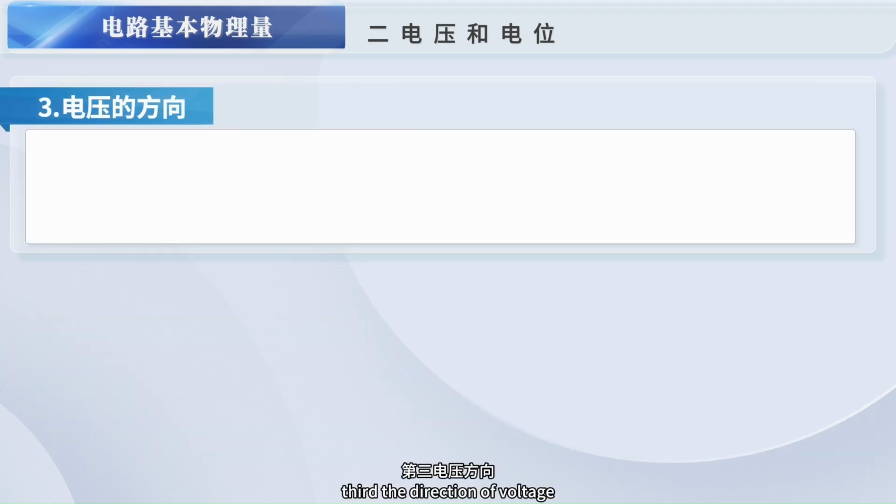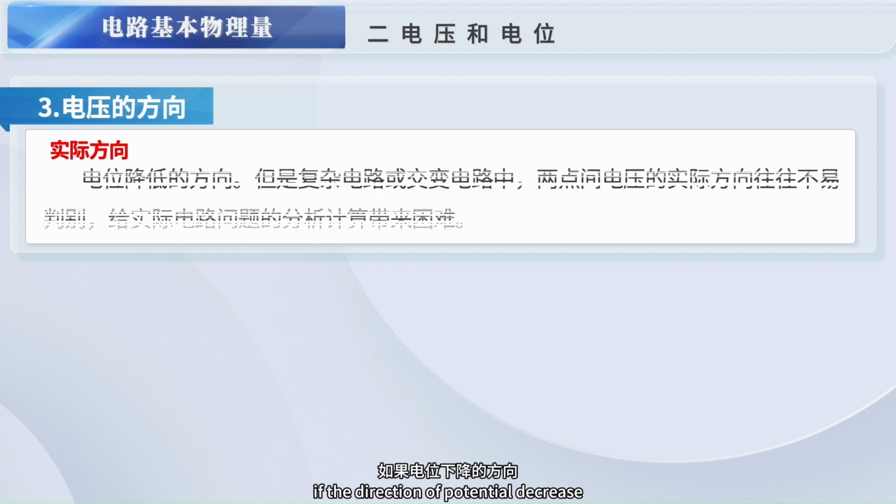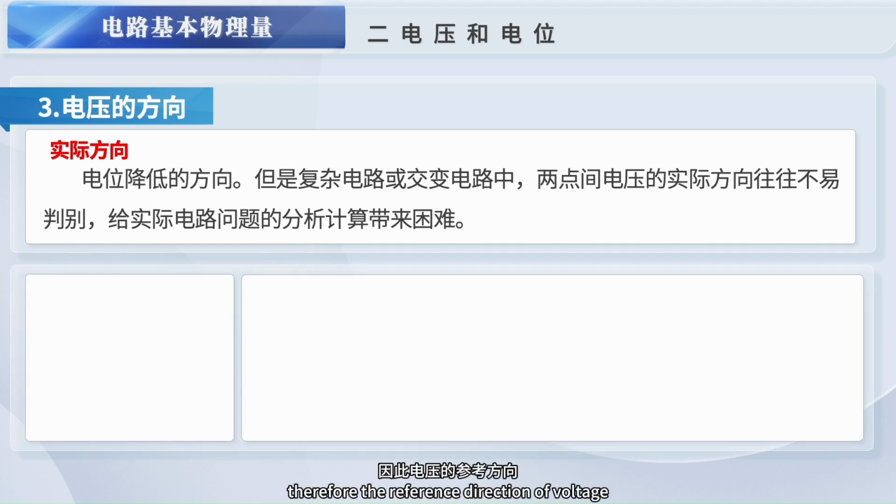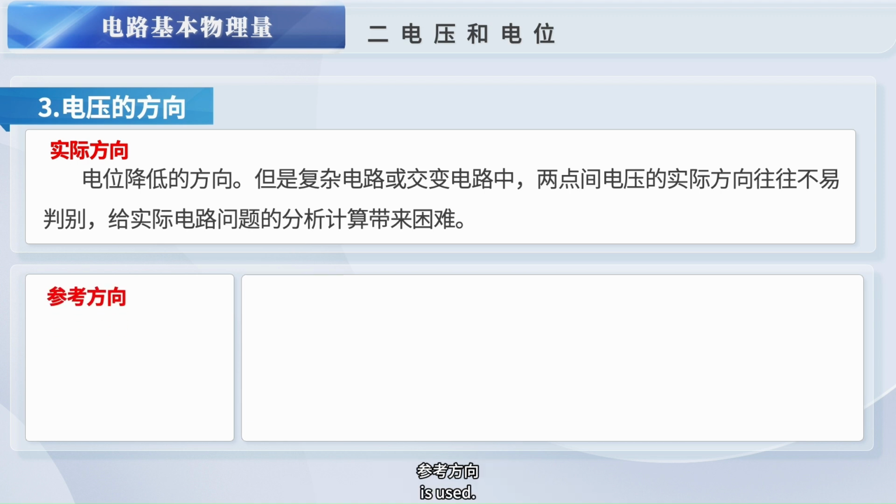Third, the direction of voltage. The actual direction of voltage is the direction in which potential decreases. However, in complex or alternating circuits, the actual direction of voltage between 2 points is often difficult to determine. It brings difficulties to the analysis and calculation of actual circuits. Therefore, the reference direction of voltage is used.